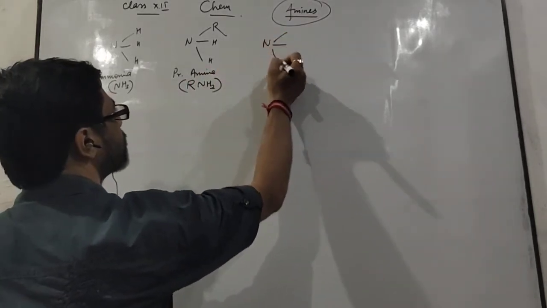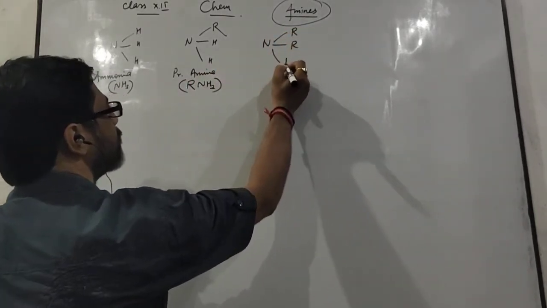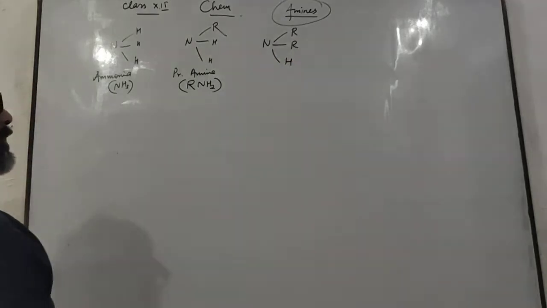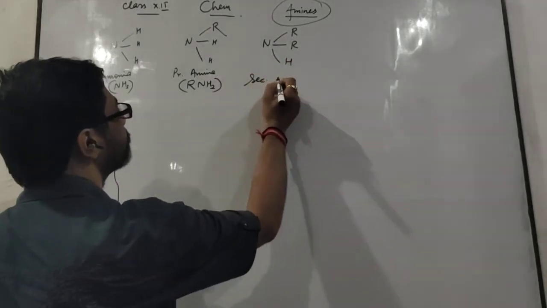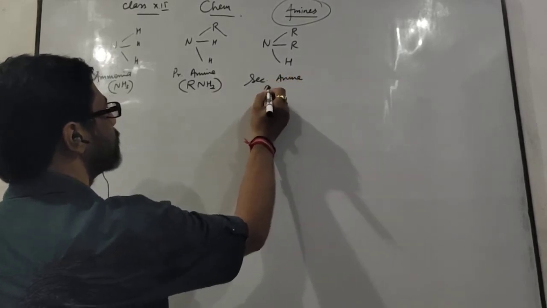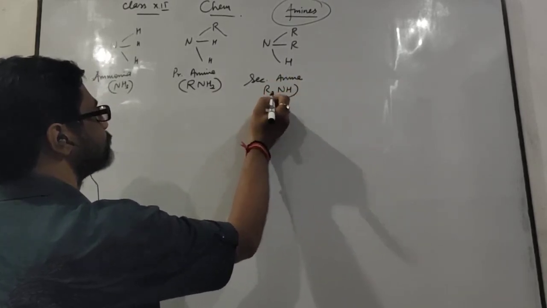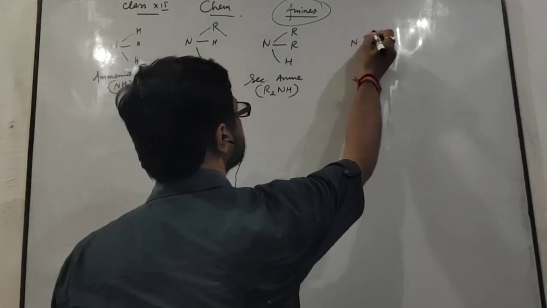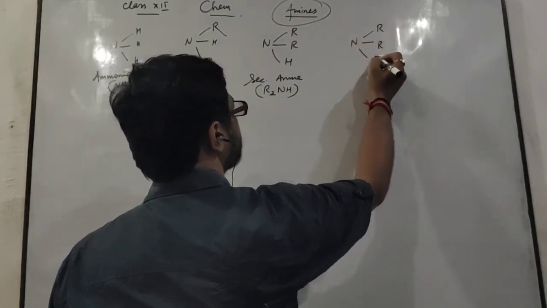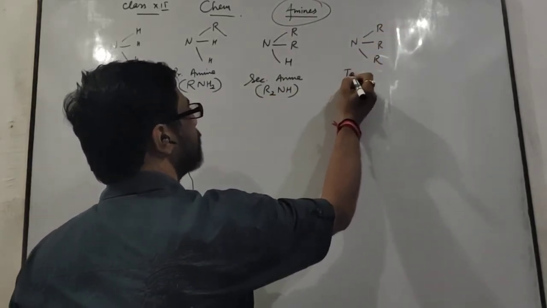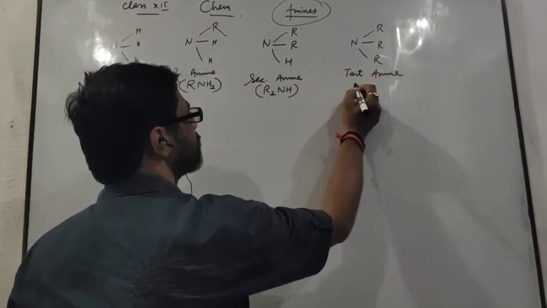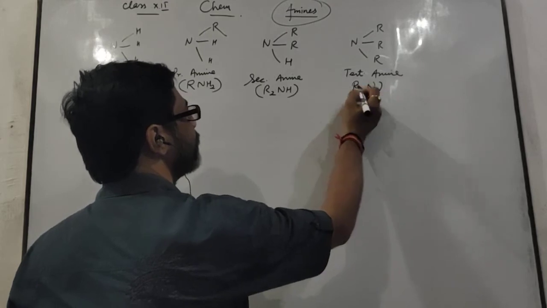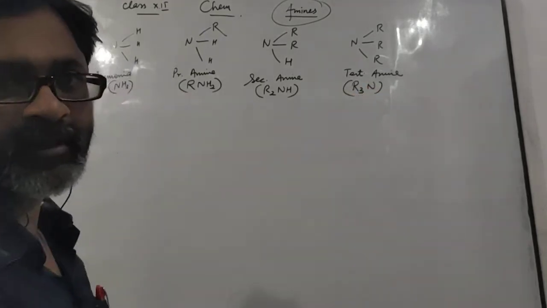If two hydrogen atoms of ammonia are replaced by alkyl groups, then it forms secondary amine. This one is R2NH. And if all three hydrogen atoms of ammonia are replaced by alkyl groups, then the product is called tertiary amine and the formula will be R3N.